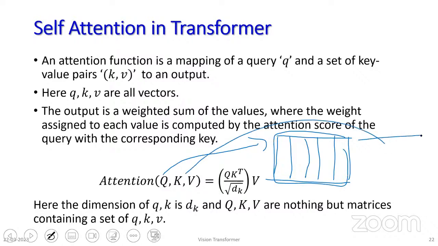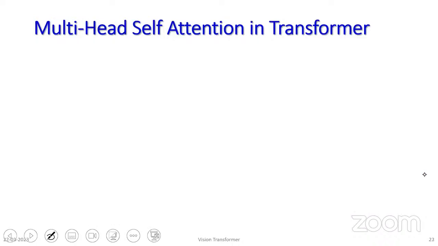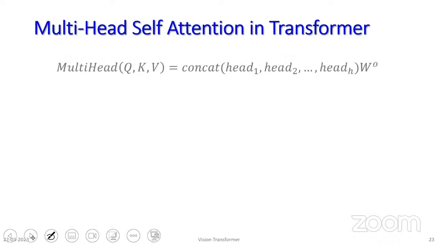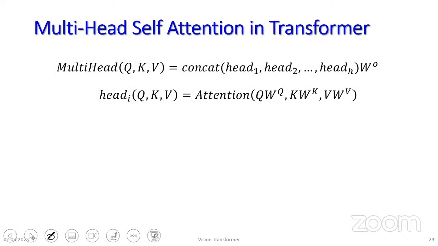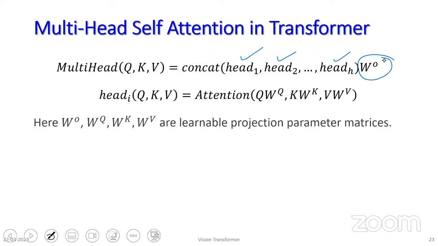Correspondingly you have certain keys, and we take queries and keys of the same dimension, and then the values. For multi-head attention, we will be concatenating the outputs coming from different heads, and then applying a learnable matrix to pay attention to different units and different heads.